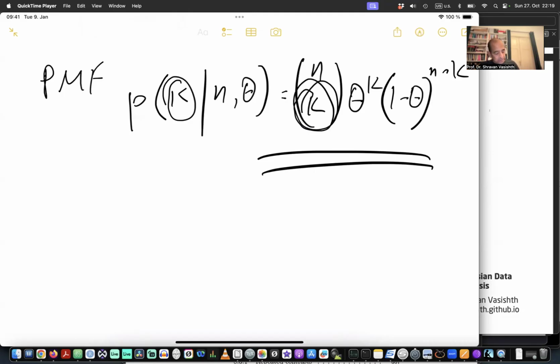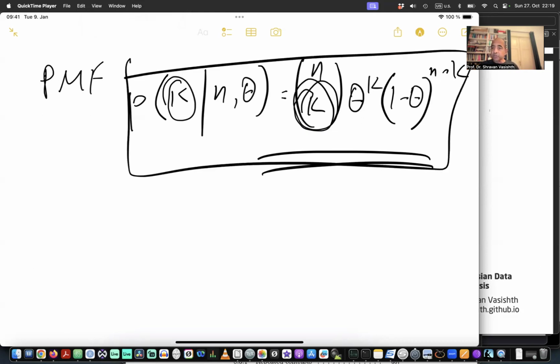But you can actually see this probability mass function as a function of theta. What that means is that when you do an experiment, let's say with sample size 10, and you get a particular number of successes, let's say 7 successes, then k and n are constants now. The data are collected. They're no longer variables in any sense. So what's the variable that's left?